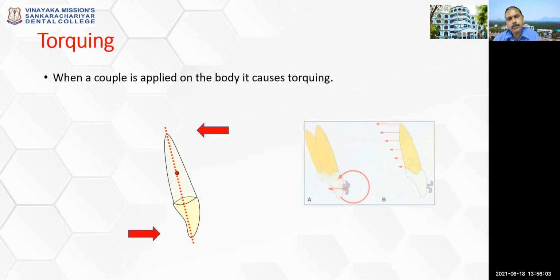So for students, to understand, torquing means you keep the crown remaining in the same place and move the root back. So it is a root movement more than the crown. That is called torquing.